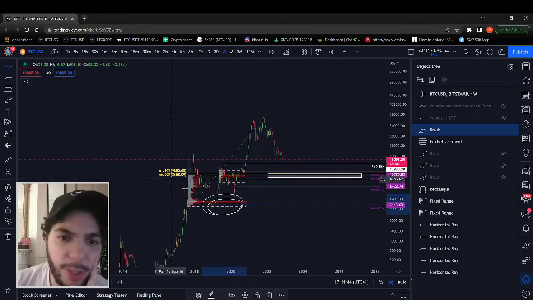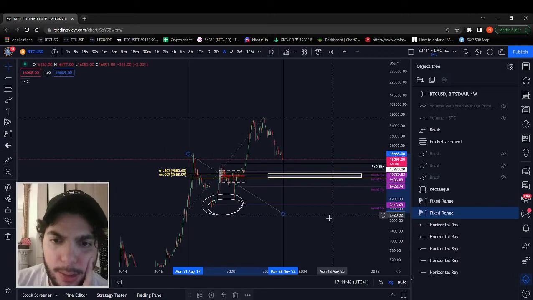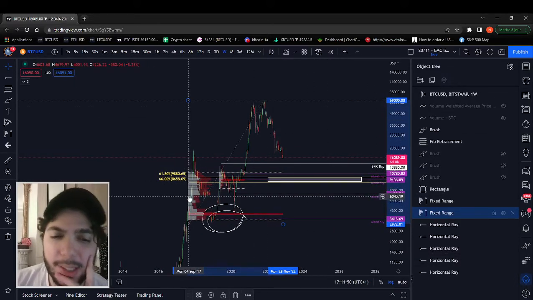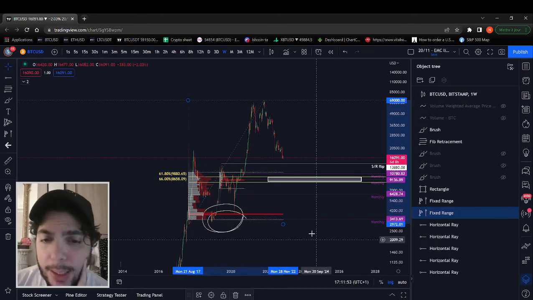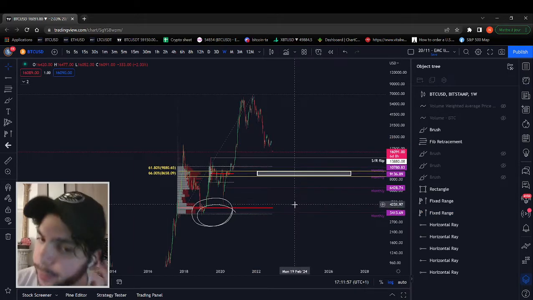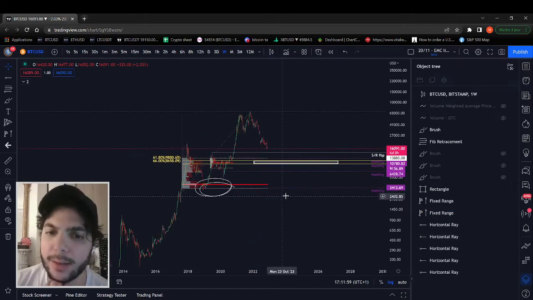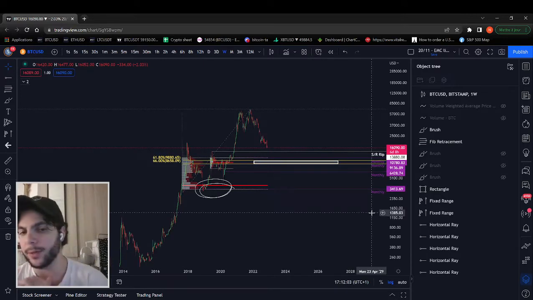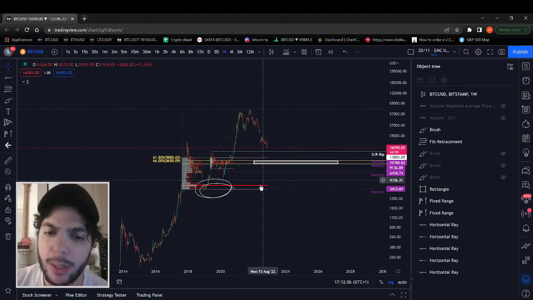The point of control since 2017 is at 3,800. So the big line in the sand saying Bitcoin is now in a very bearish market on a very high time frame level would be losing those levels.